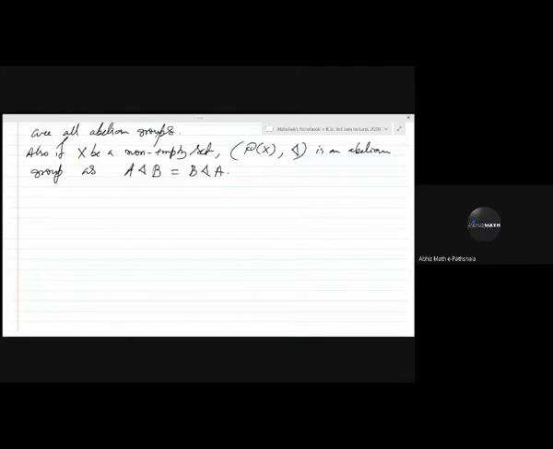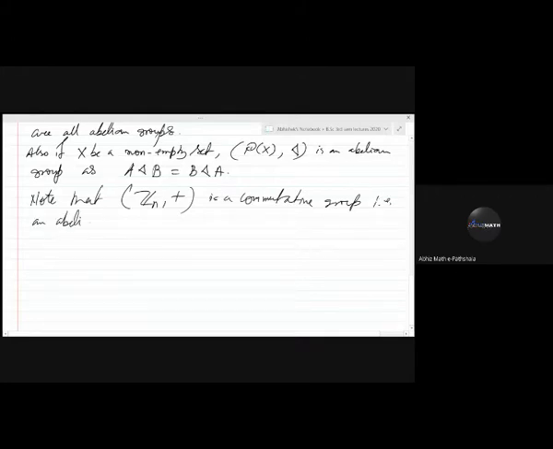What about Zn plus? Is it a commutative group? Note that Zn plus is a commutative group, an abelian group, right?